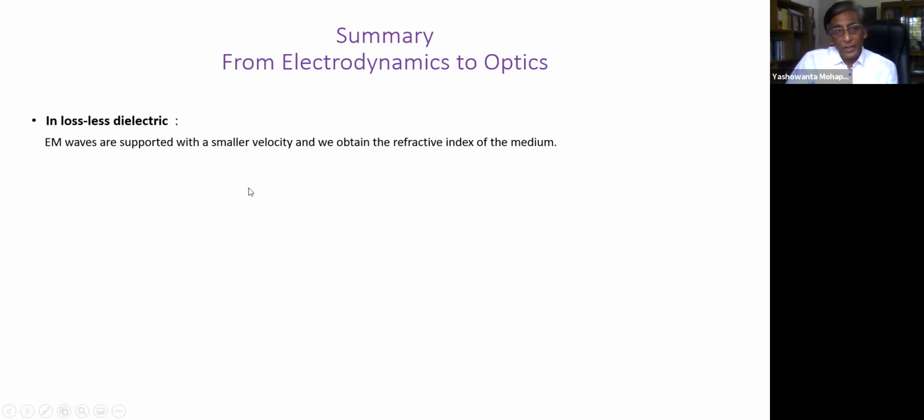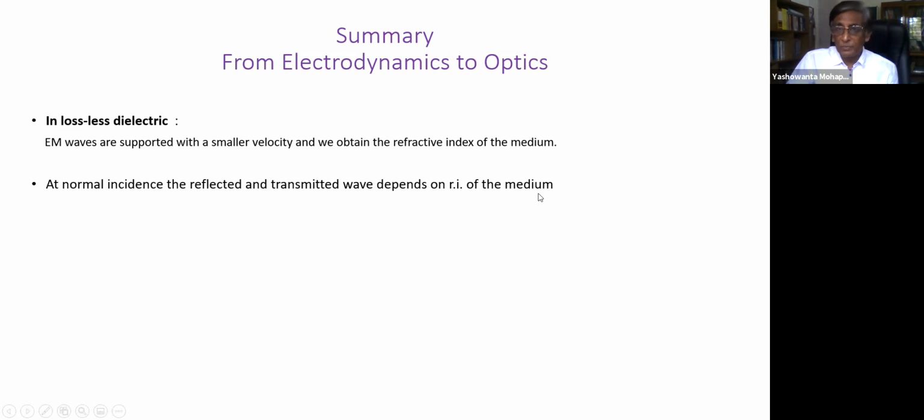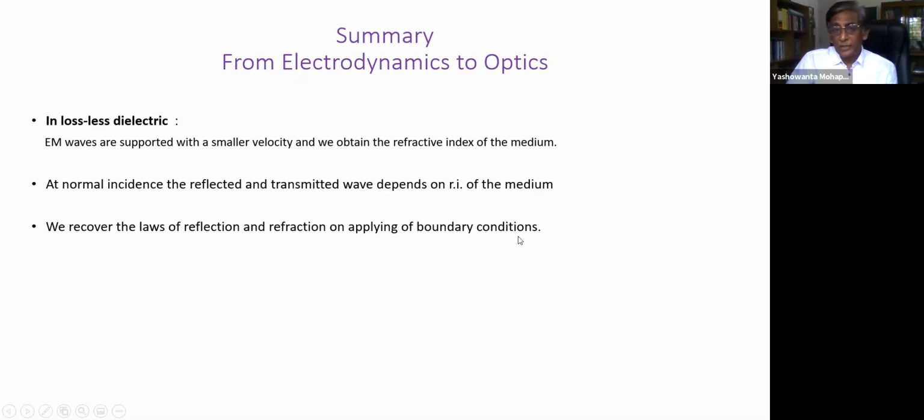Then at normal incidence, the reflected and transmitted waves depend on the refractive index of the medium, obviously. We recover the laws of reflection and refraction on applying the boundary conditions that we have learned.